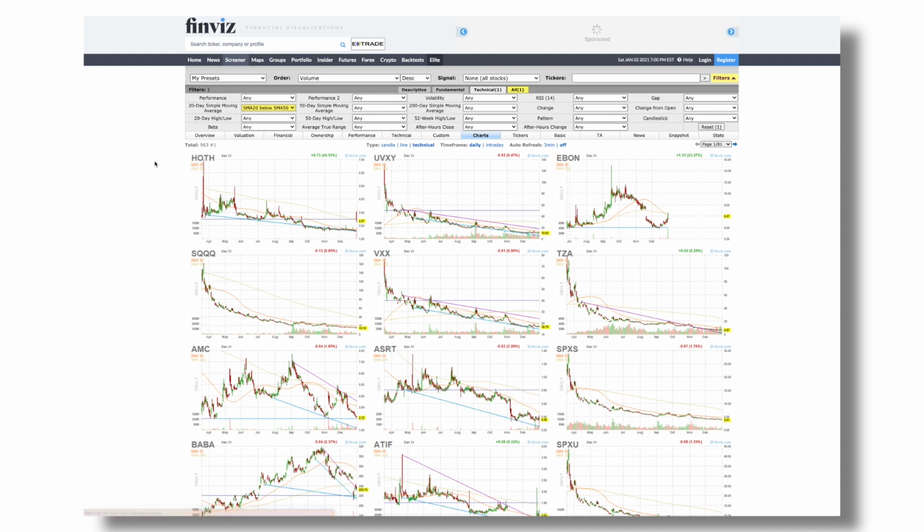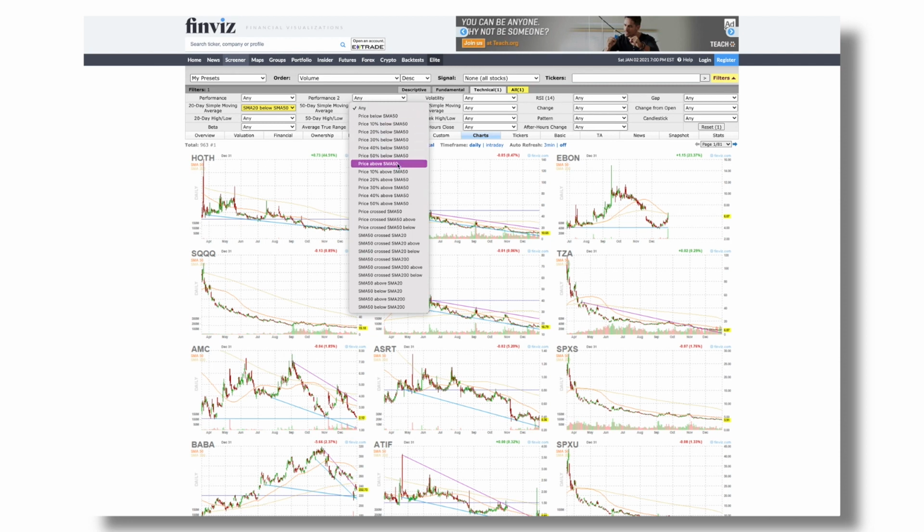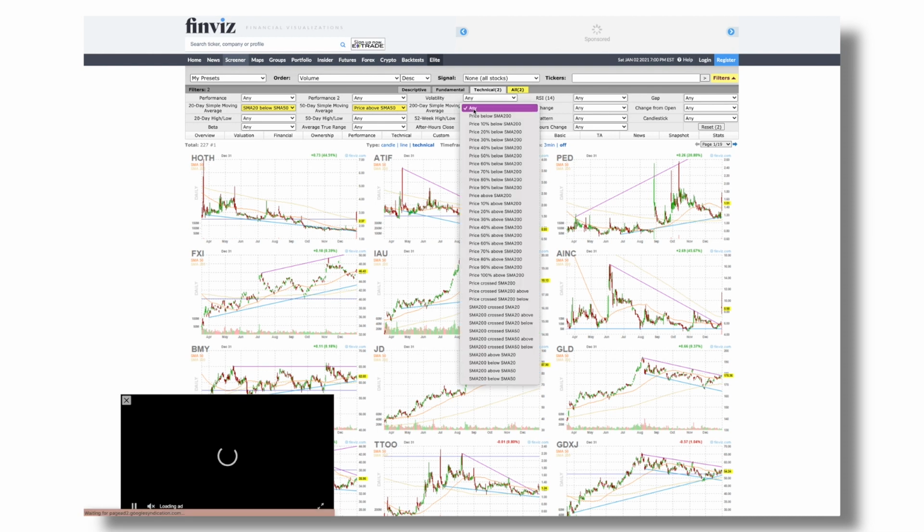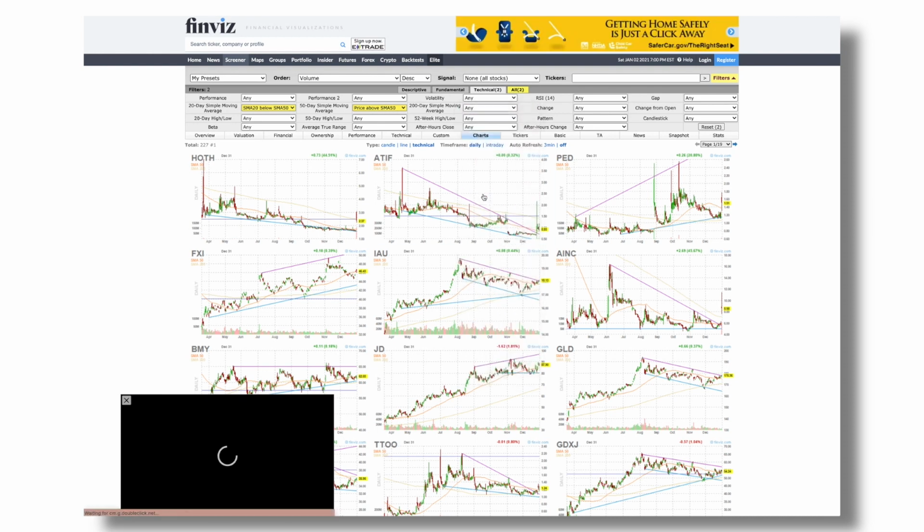So 20 below 50. And then I want the price to be above the 50 SMA. And then I want the price to be above the 200 SMA.